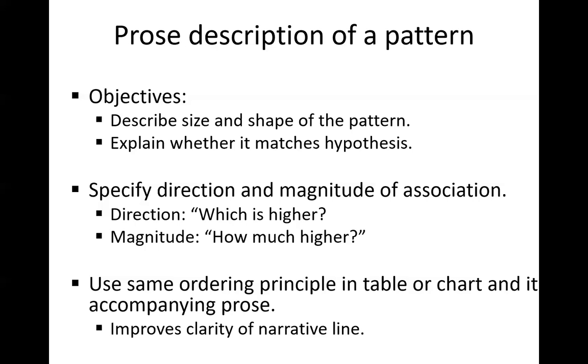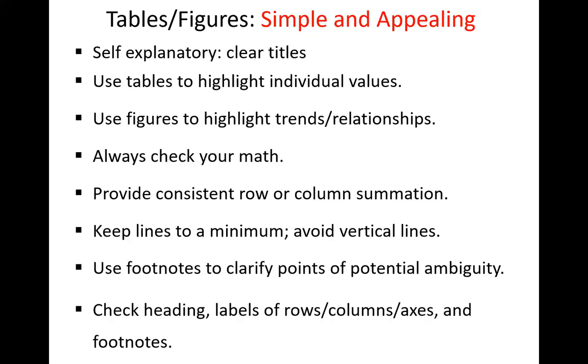You show magnitude, you show direction, and when you go over the results in a table, you have to use the same ordering principle as in the table or chart. You don't want people to zigzag in the table, or if they are reading the text and go check the table, they're not able to associate where. So it has to have the same order as in the table.